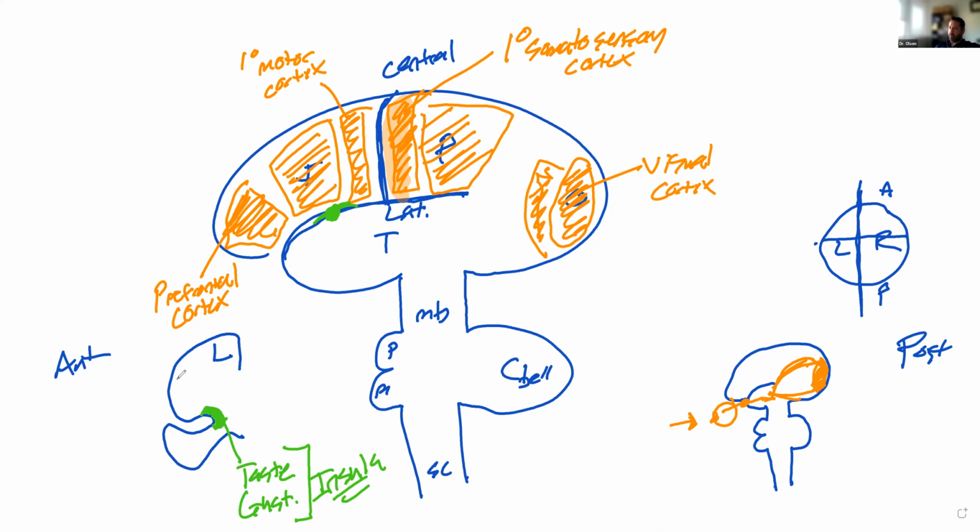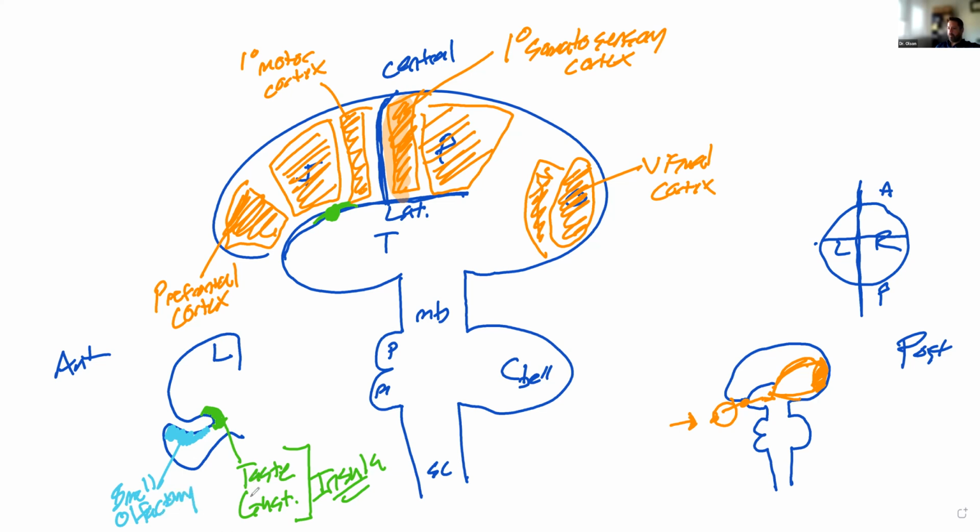And you also have along this region here some additional cortex that is going to be processing your sense of smell, which is what we call your olfactory cortex.